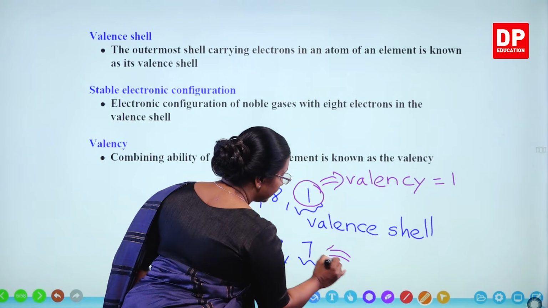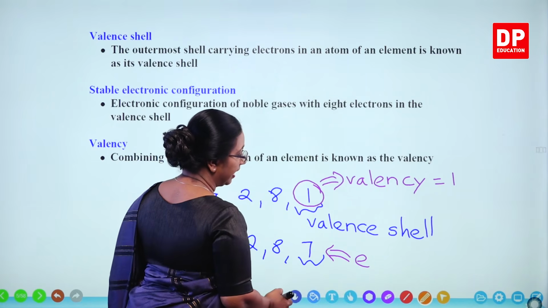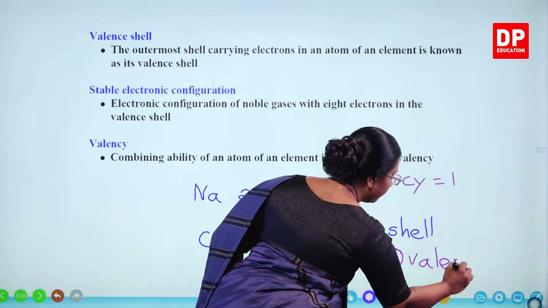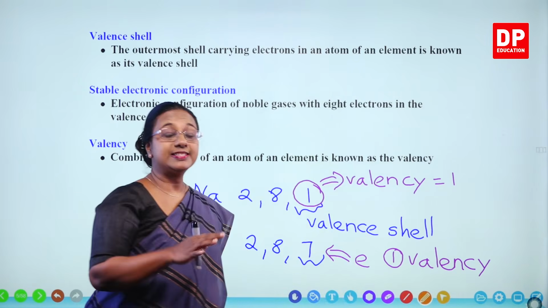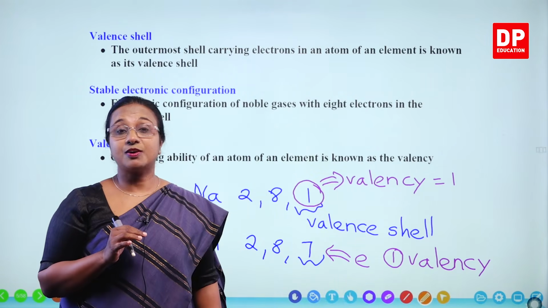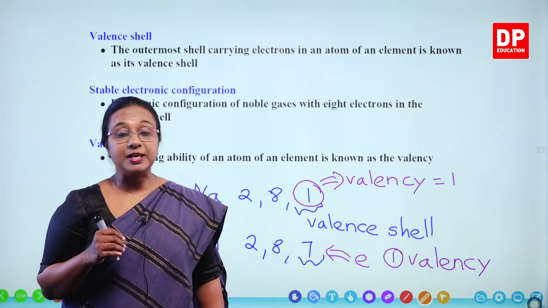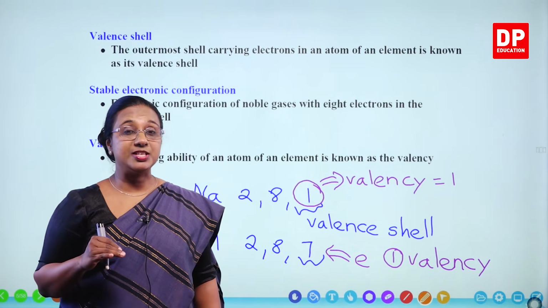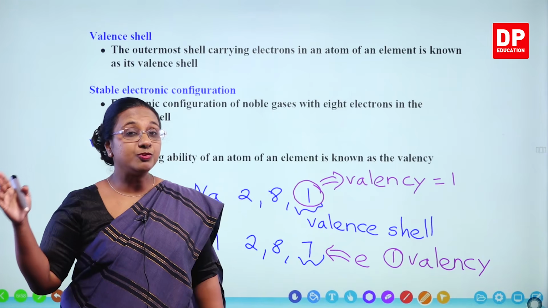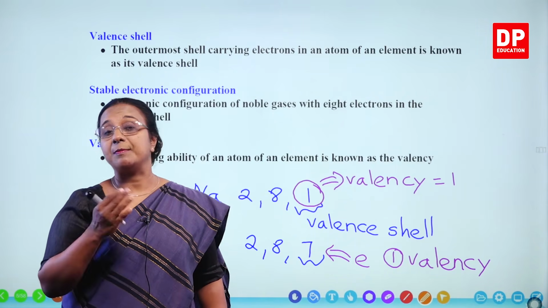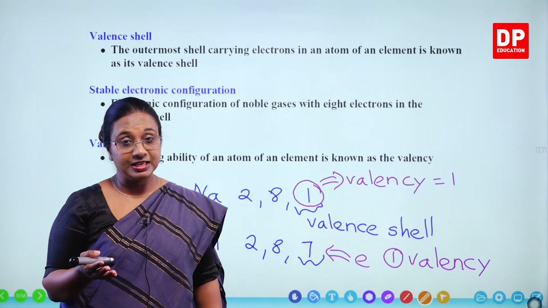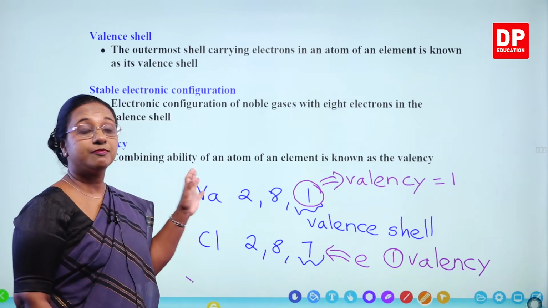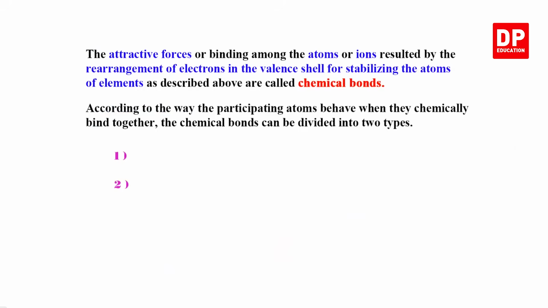So the valency of chlorine is also 1. That is how we discuss the valencies of elements in the periodic table. You all know for group 1 to 4, the group number is the valency, and for group 5 to 8, 8 minus group number becomes the valency. With that introduction, we will see how these elements form compounds.